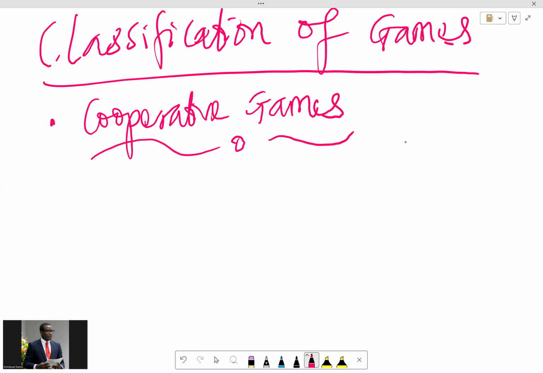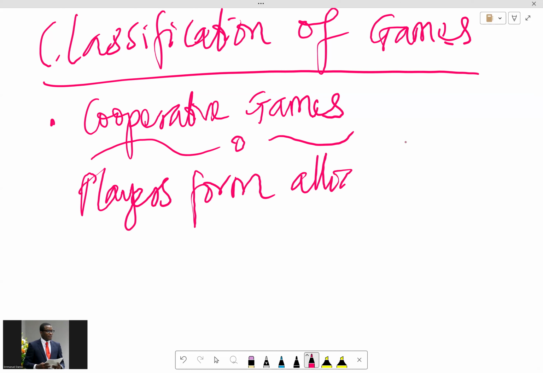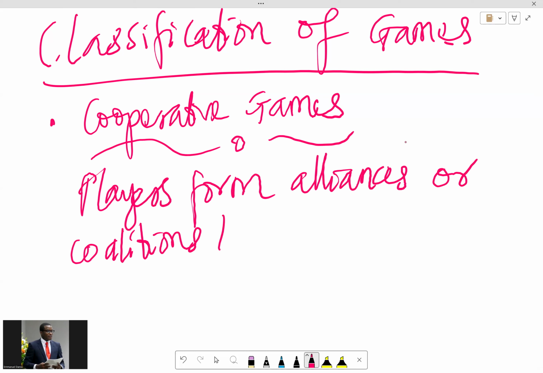So let's look at cooperative games first of all. In cooperative games, players form alliances or coalitions to achieve shared goals.